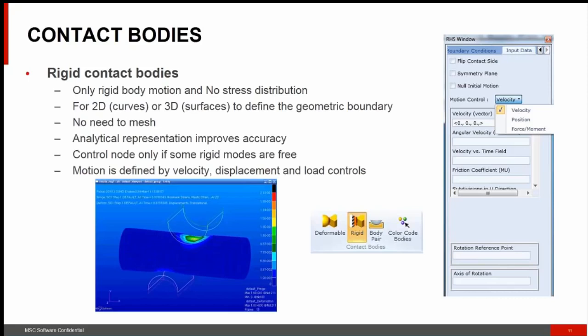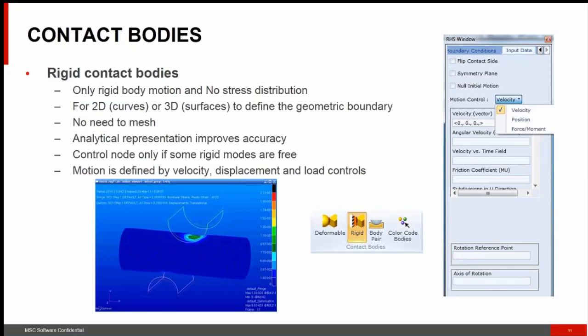You can define the motion of the rigid body by prescribing the velocity, or prescribing the final position or displacement, or the other option is to apply a load or an enforced displacement.